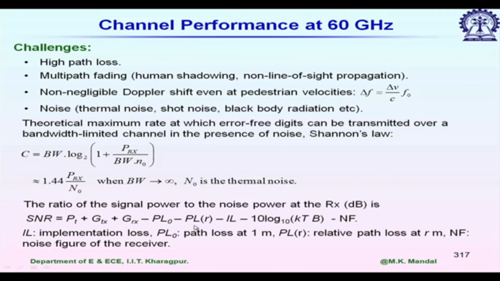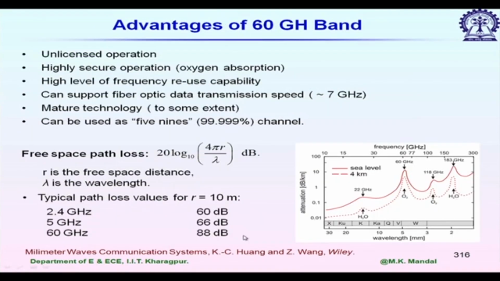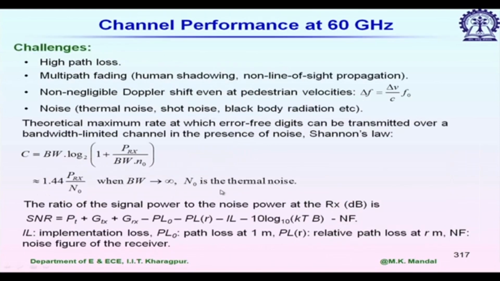We call it the relative path loss at r meter. For the first 1 meter we consider n equal to 2 in that path loss formulation, that means 20 log 10 of 4 pi r by lambda, and for the part after 1 meter we have to experimentally determine the value of n. It usually varies between 3 and 5, which we discussed earlier.